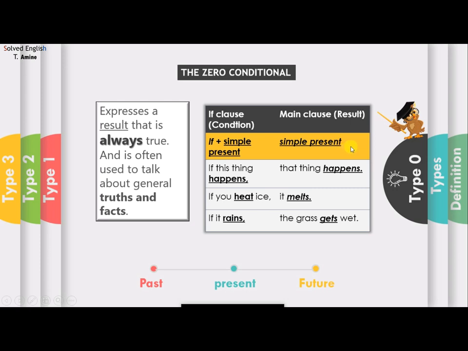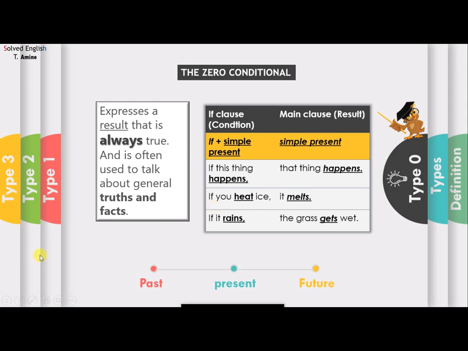Now, as you can see, it is pretty easy to form the conditional type 0 because you only use the simple present tense. You use it in the verb of the condition clause and in the verb of the result clause. Now, let's take a look at these examples. If you heat ice, it melts. If it rains, the grass gets wet.